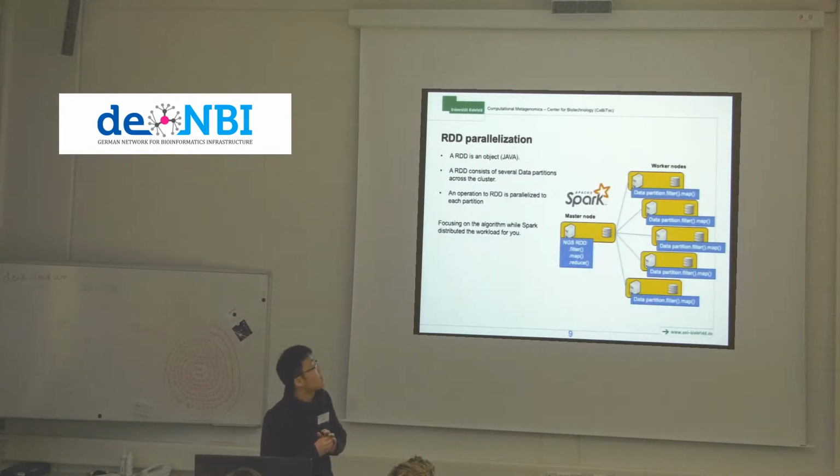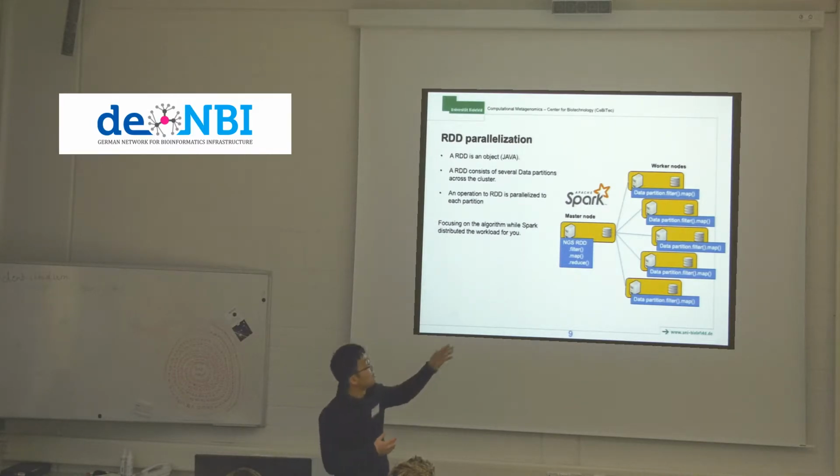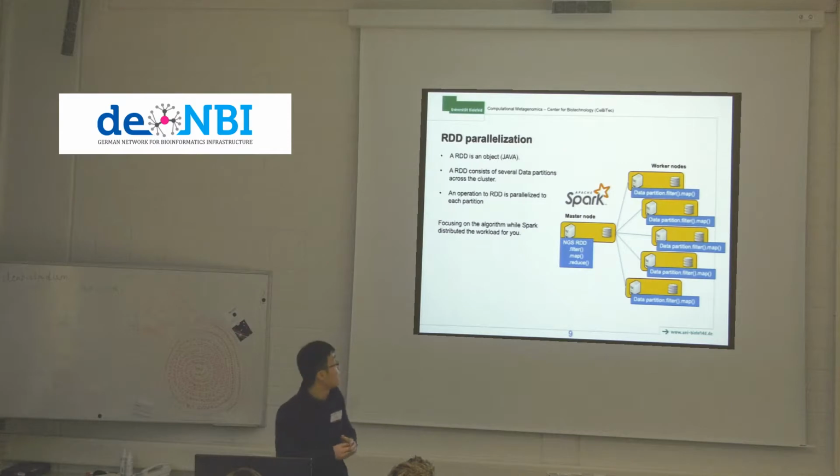Now, a Spark cluster is like a network organized by a master node and several worker nodes. Of course, you can have more than one master node, 2 or 3. That's basically the structure of the cluster. And the RDD is, from a computational point of view, a Java object, a data structure.